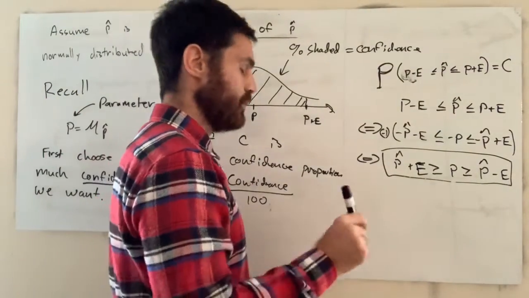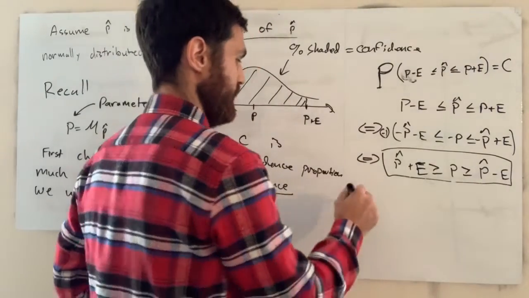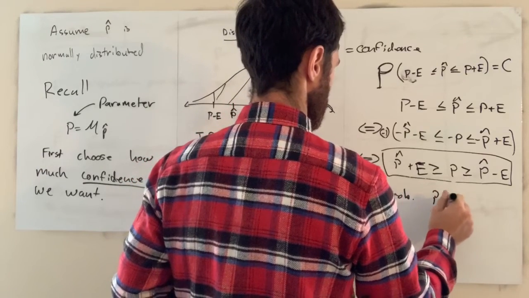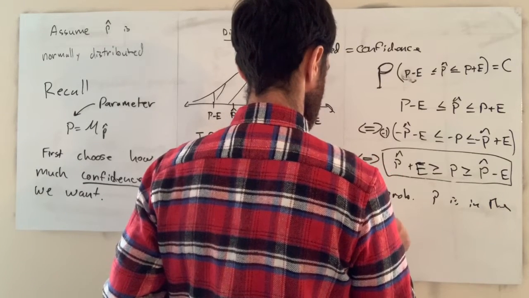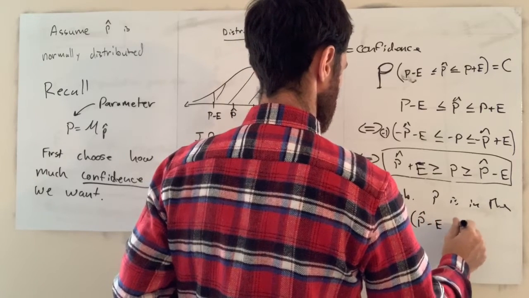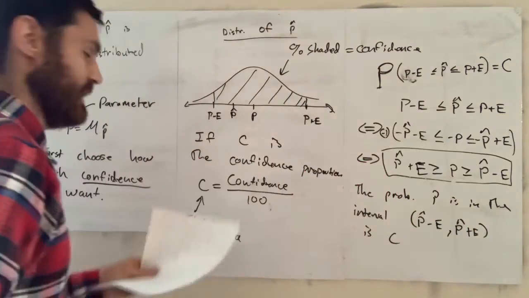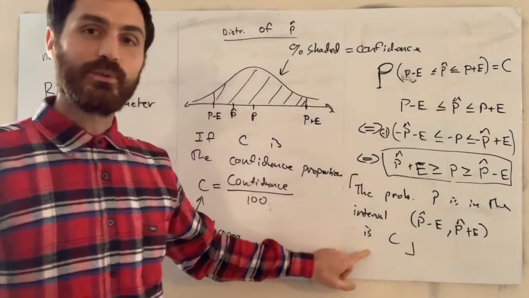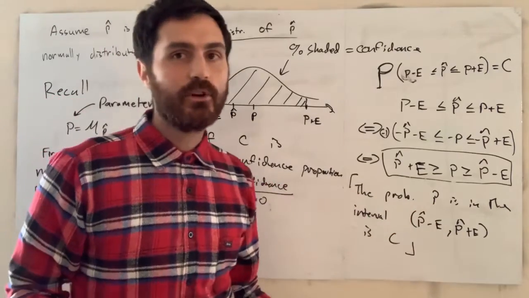And so what we can do is we can say that the probability P is in the interval p hat minus E, p hat plus E is C.